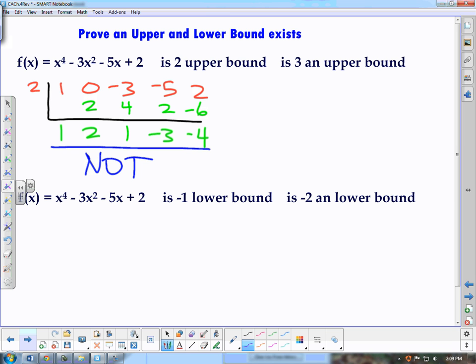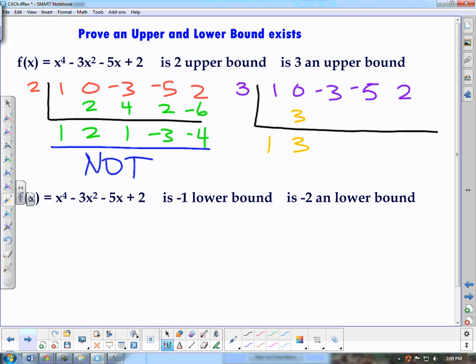And so now let's try 3. And when we go through this process, 1, 3, 3, 9, 6, 18, 13, 39, 41.